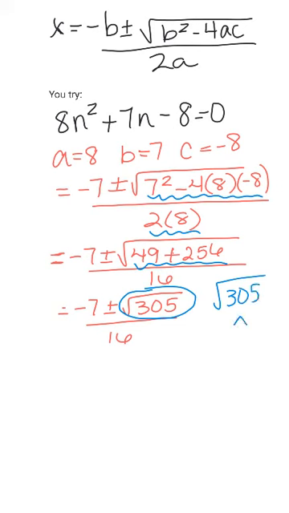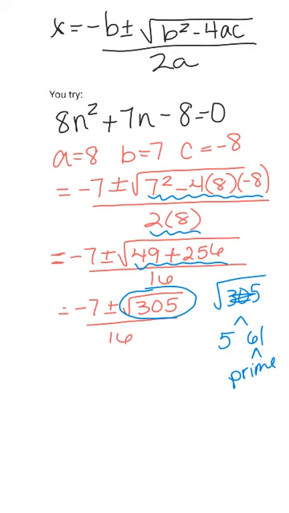You would need to double check and see if 305 can be factored. It ends with the 5, so I know it can divide by 5. So 305 divided by 5 would leave you with 61. Now 61 is prime. So I can factor it, but I can't pull anything out, so it doesn't matter.